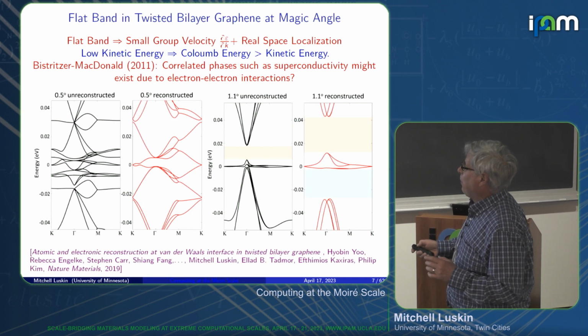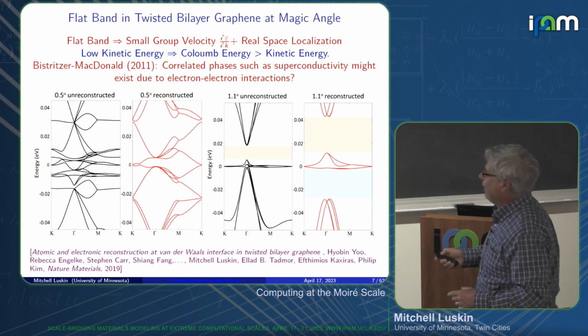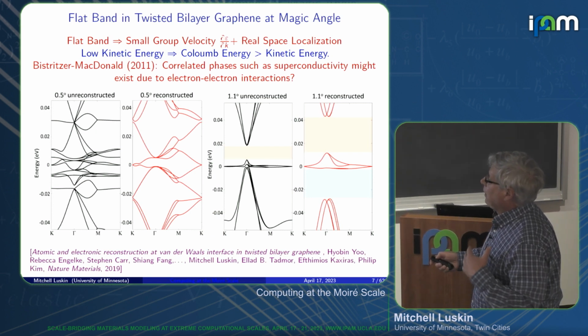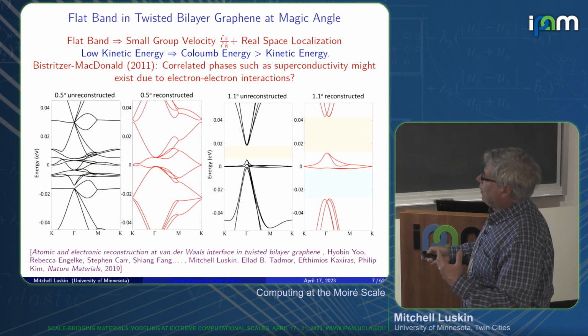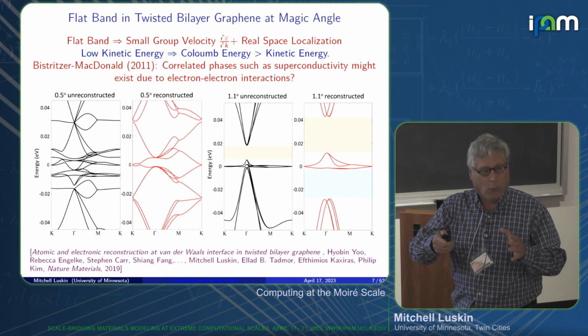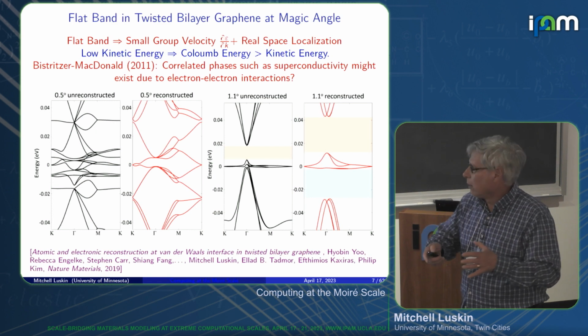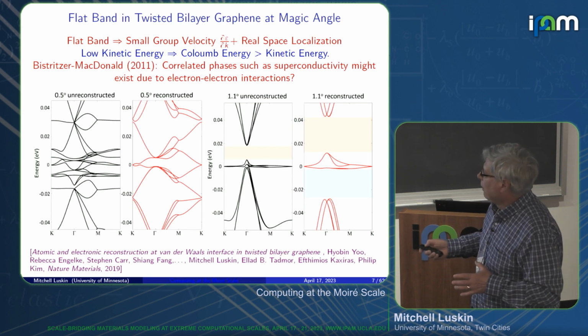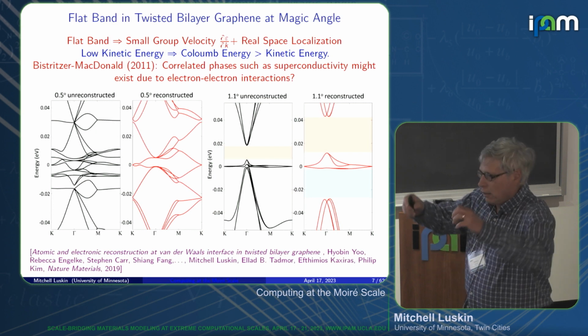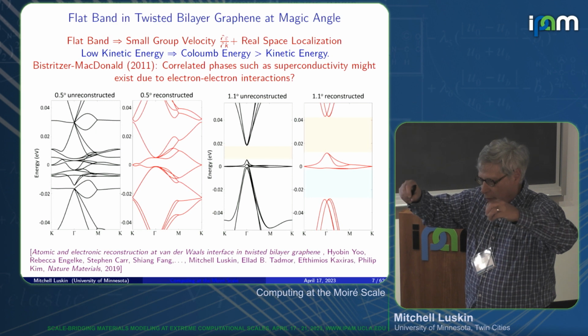They use this word quasi-particle. Okay, so you make a wave packet, and these things are moving at this group velocity. And if the band is flat, the wave packet, the quasi-particle, is actually not moving. So what that means is that since they're not moving, they're actually interacting.